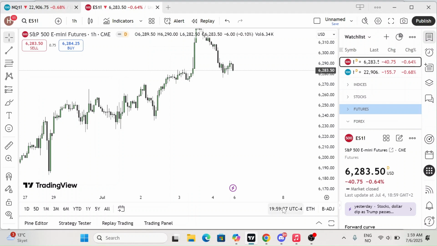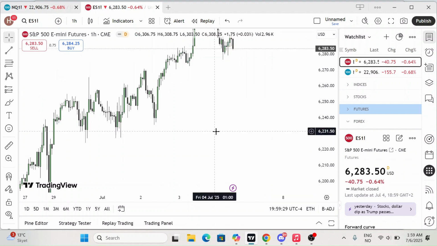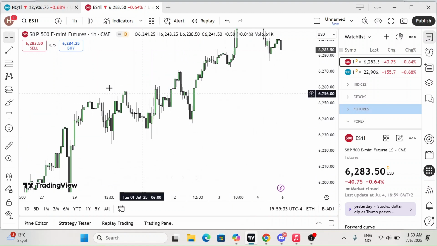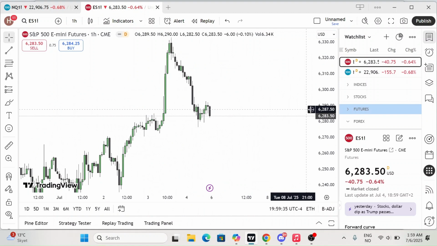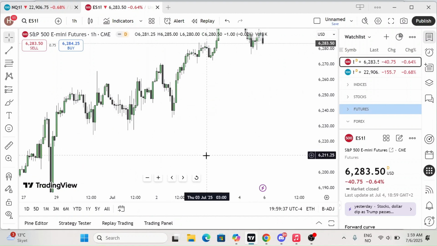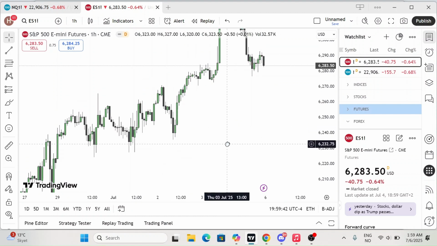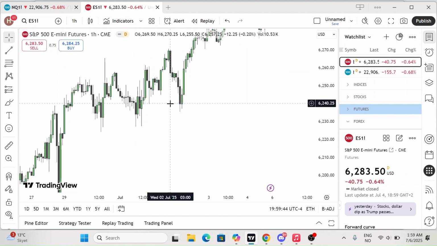So right now I'm going to show you guys a real chart example of this, where this happens. We actually had an example this week of an SMT divergence. I think I used it in a trade actually. Yeah, I used this on a trade this week.